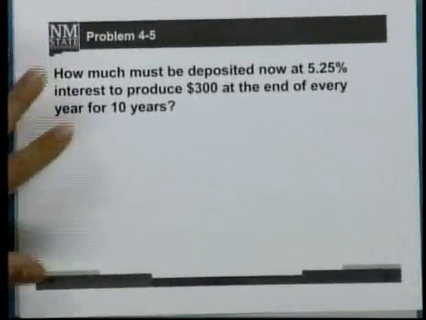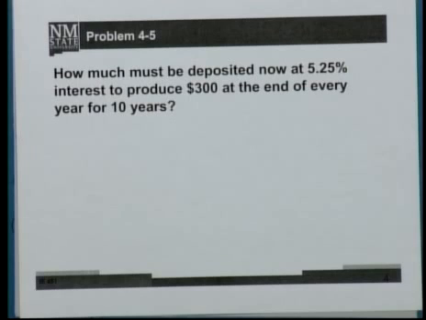Okay, and the next problem: let's solve problem 4-5. How much must be deposited now at 5.25% interest to produce $300 at the end of every year for 10 years?